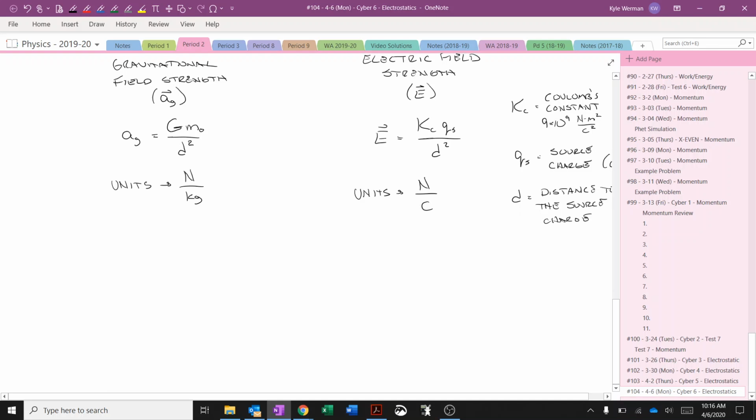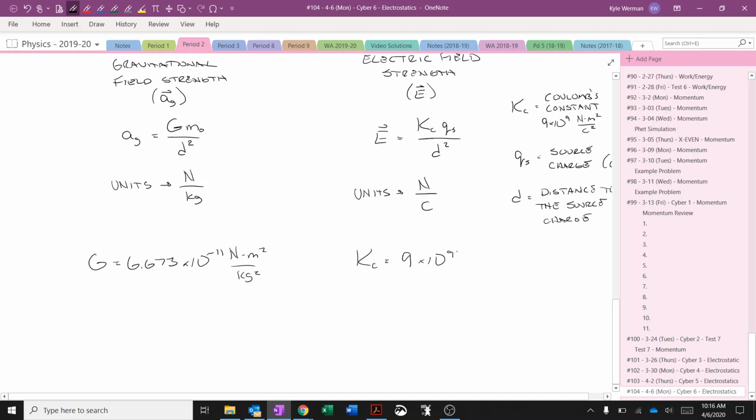Another thing to look at to compare the fields, let's look at these constants. Let's look at big G. Big G, if you recall, was 6.673 times 10 to the negative 11 Newton meters squared per kilogram squared. Whereas big K, Coulomb's constant, is 9 times 10 to the 9th.